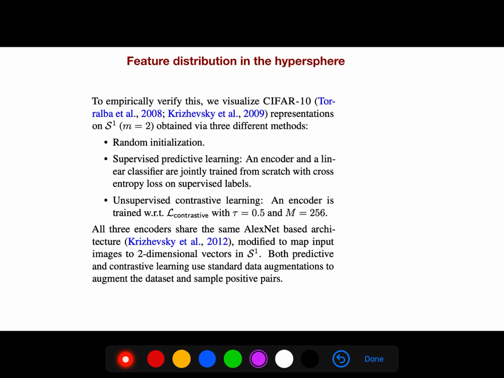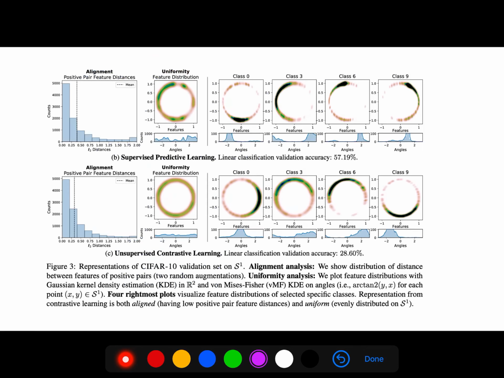To empirically verify this, we visualize CIFAR-10 features obtained using random initialization, supervised predictive learning, and unsupervised contrastive learning. You see these two measures, alignment and uniformity, for both supervised predictive learning and unsupervised contrastive learning.